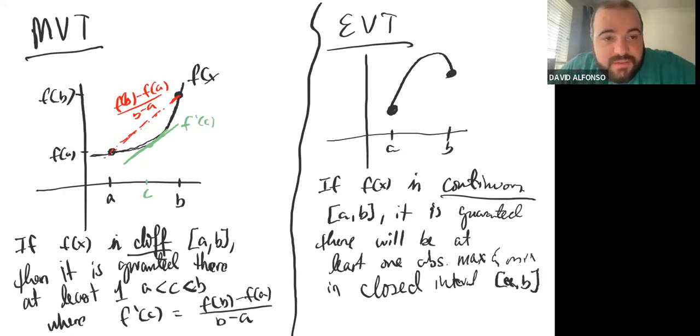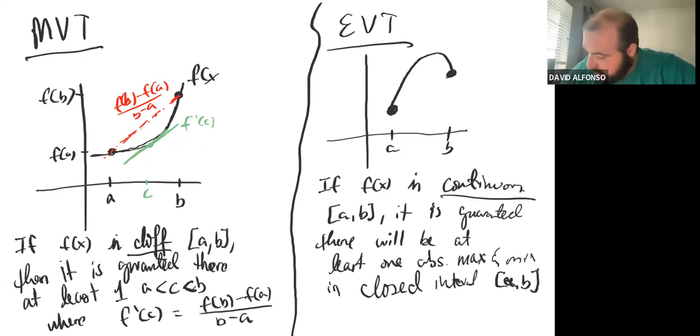Okay, so basically what this is saying is you are guaranteed one absolute max and one absolute minimum if the function is in a closed interval. Because again, the extreme value theorem basically is telling us that endpoints are considered absolute extremas. That's basically all the extreme value theorem is saying. Okay, so you will have one absolute max and one absolute min because endpoints can be considered.